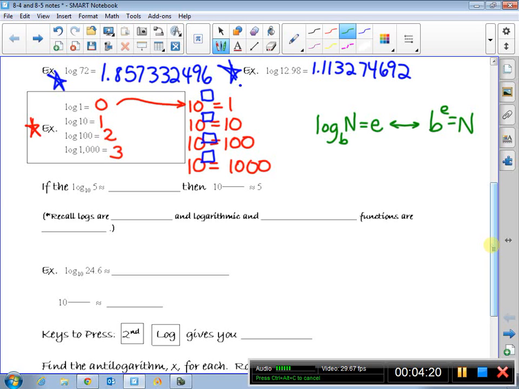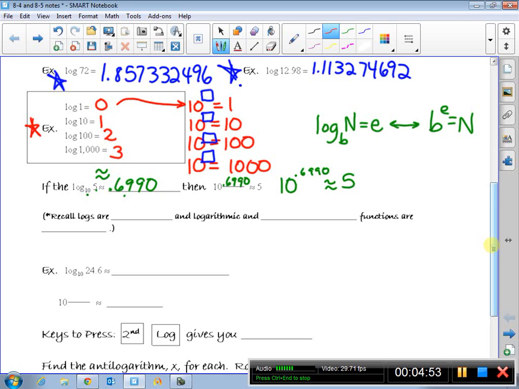So knowing that, if we go revisit log base 10 of 5, and we know the common log of 5 was approximately 0.6990, I'm going to round now to the thousandths. This squiggly means approximately. Then we know, using our base to the exponent equals the number, that 10 to the 0.6990 should be approximately 5.